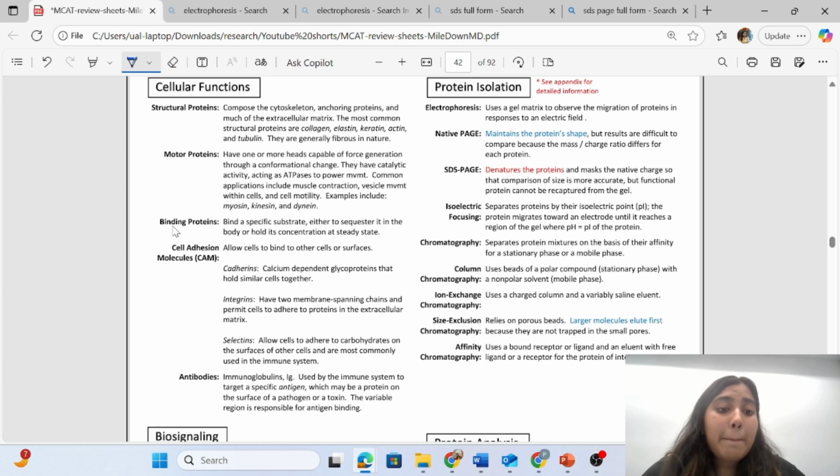Okay, binding proteins. Binding proteins are used to bind things, as the name suggests. They bind to a specific substrate, either to sequester it in the body or to hold its concentration at a steady rate. Usually you see it in immunobiology, where you will have antigen binding proteins or antigen presenting proteins, which will bind to the protein and either sequester it or help with phagocytosis.